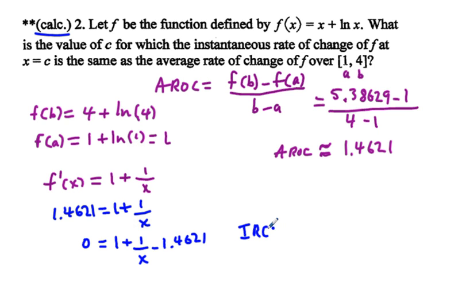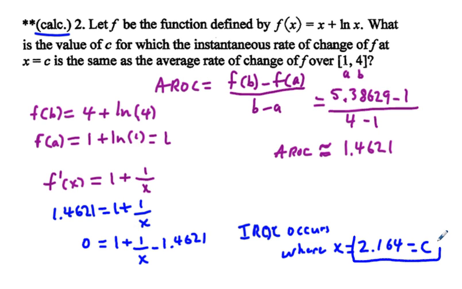Well, where it occurs, where x equals 2.164, and that's going to be what our value of c is.